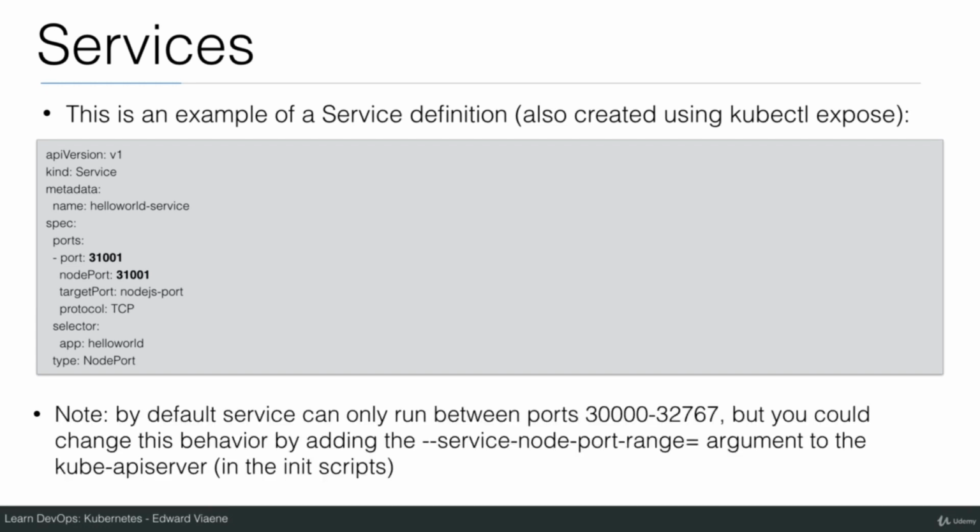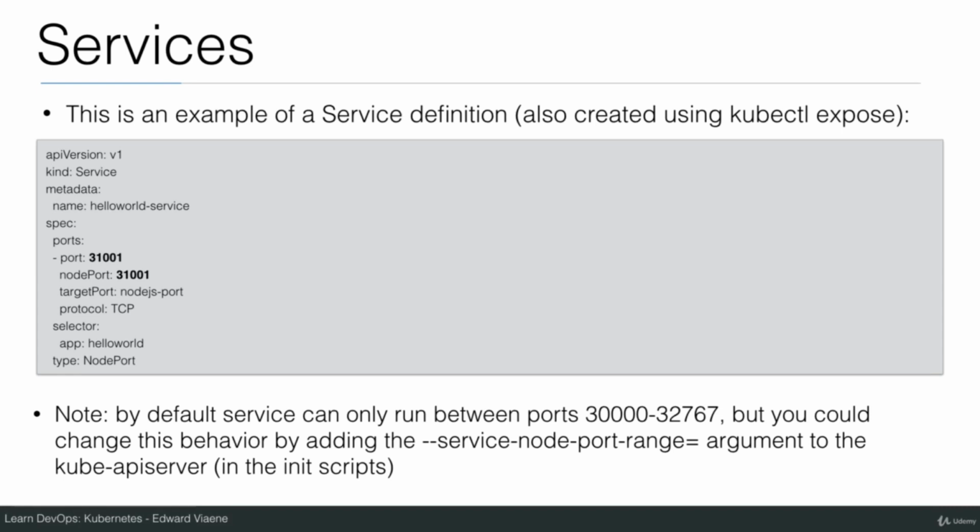Also note that by default, services can only run between ports 30,000 and 32,767. But you could change this behavior by adding the service node port range argument to the Kube API server. Kube API server is a process that starts, so in the init scripts of your master node, you could change this service node port range if you would want another range for ports.